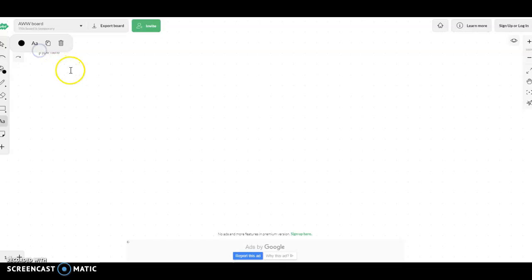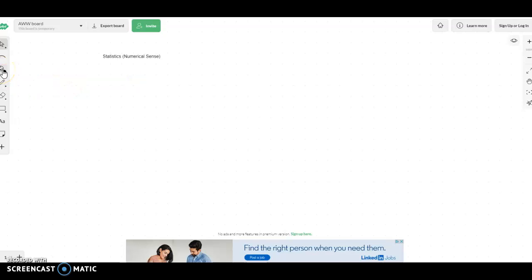Anyway, we are going to be talking about statistics today in the numerical sense. And what I mean by that is we're going to be looking specifically at spread and talking about how you can compare and contrast your different graphs.